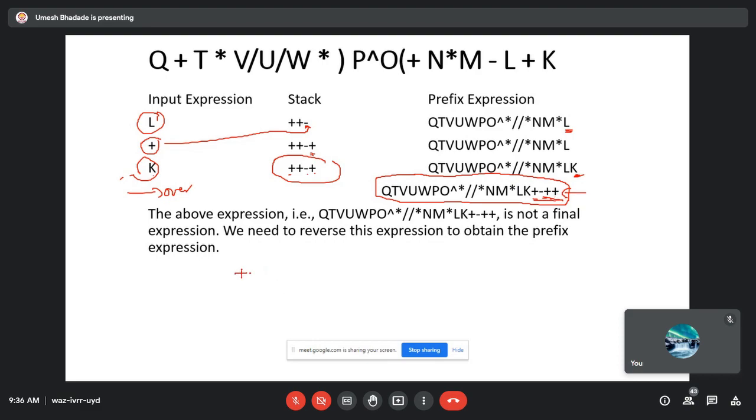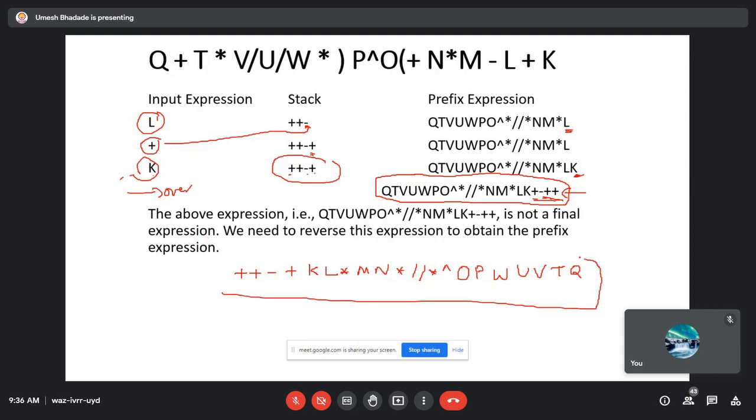So plus, plus, minus, plus, K, L, star, M, N, star, slash, slash, star, caret, O, P, W, U, V, T, Q. So this is the final prefix expression.